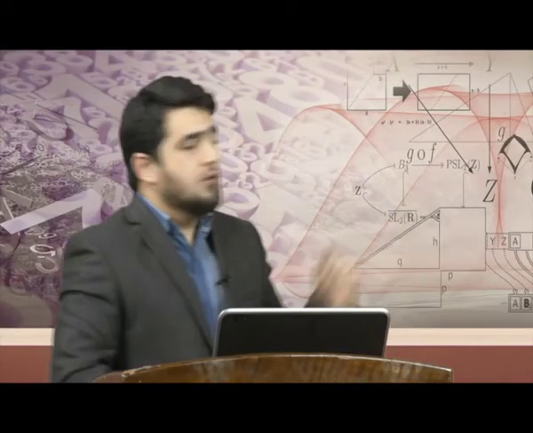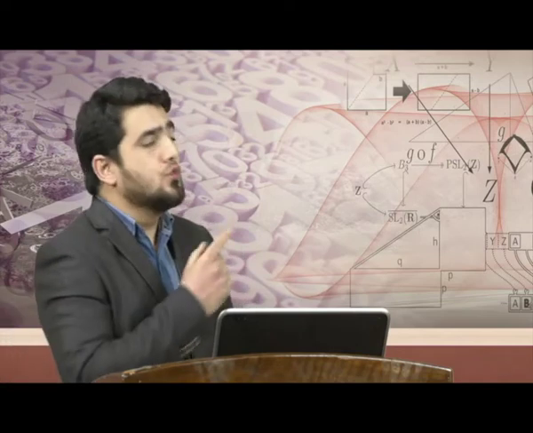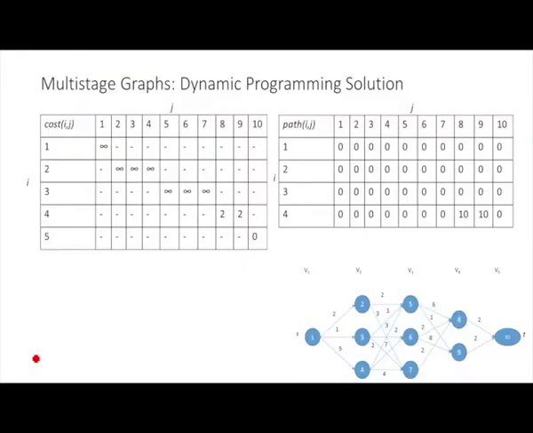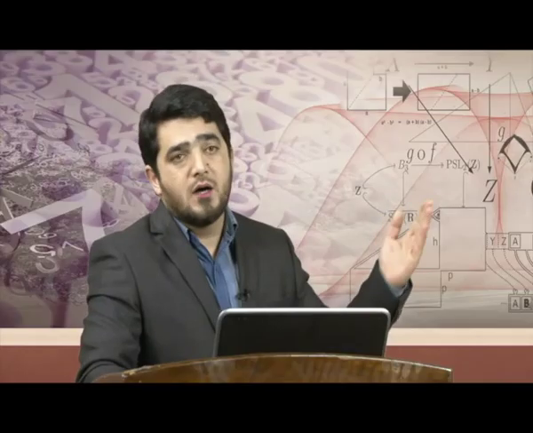Now we have maintained two matrices here, or two two-dimensional arrays. One is cost and another one is path. I'll later tell you how we'll use this path array to find the final actual solution, meaning the path from source to destination.